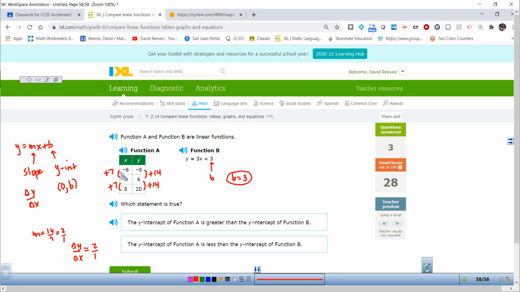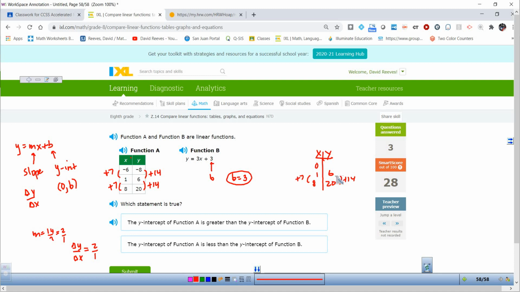How is that going to help us? Because if we go to this table, I'm going to rewrite this table over here where there's space. So we've got x and we've got y. We've got 8 and 20. We've got 1 and 6. I'm going to put a 0 right here because that's what we want x to be. So remember, from there to there was 14, and from there to there was 7.